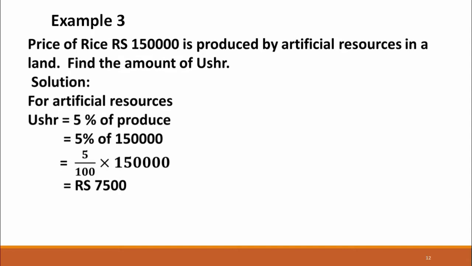So the Ushr rate is 5%, and 5% of the total 1,50,000. The amount of Ushr is 5 divided by 100 multiplied by 1,50,000. After simplification we obtain 7,500 rupees as the amount of Ushr when the land produces 1,50,000 rupees of products and the land is irrigated by artificial resources.